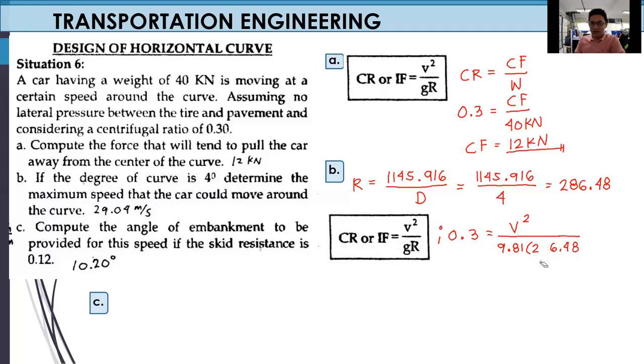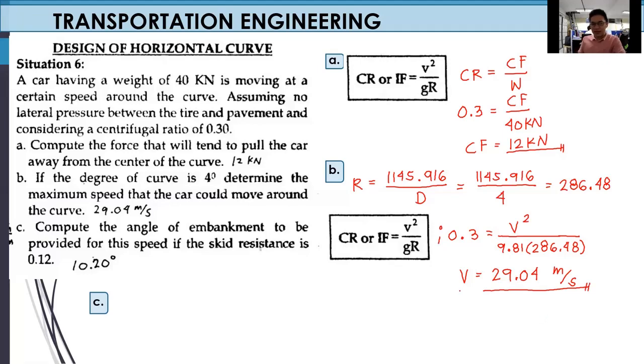So, fix lang natin sa saglit. Ayan siya. Okay? So, therefore, by using a calculator, we can solve for our velocity. That is equivalent to 29.04 meters per second. That is our final answer.